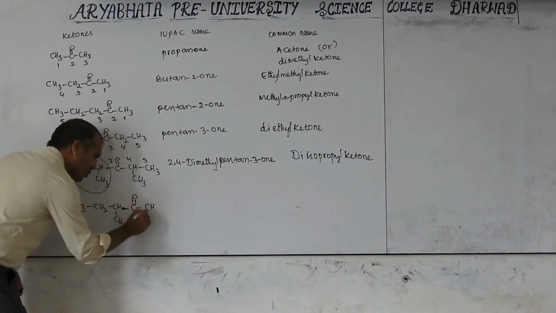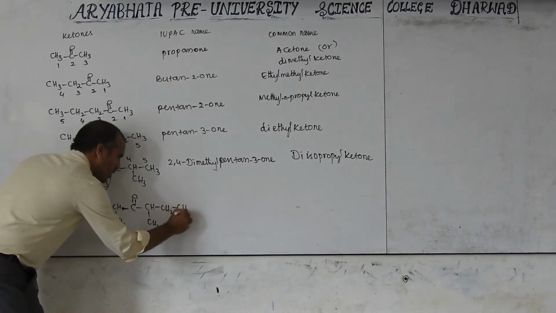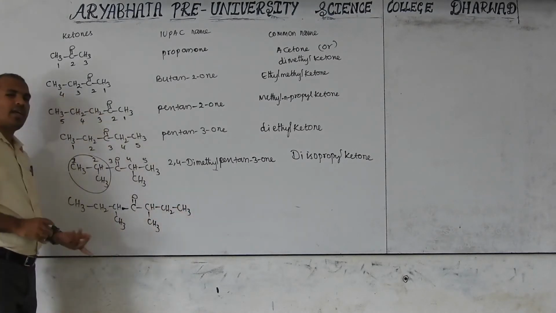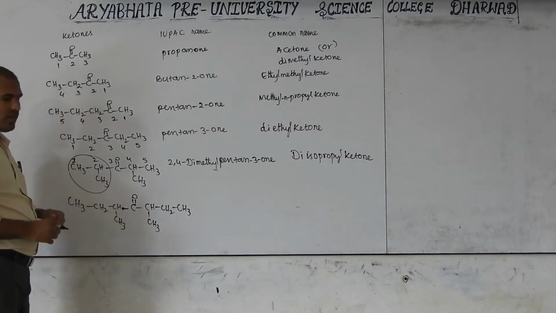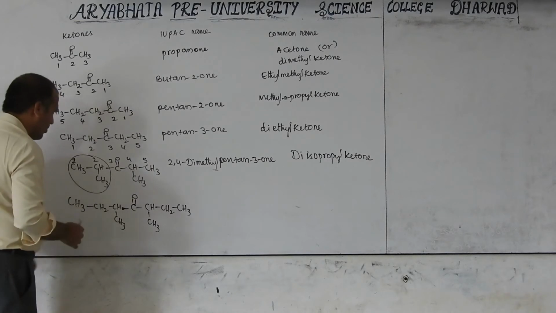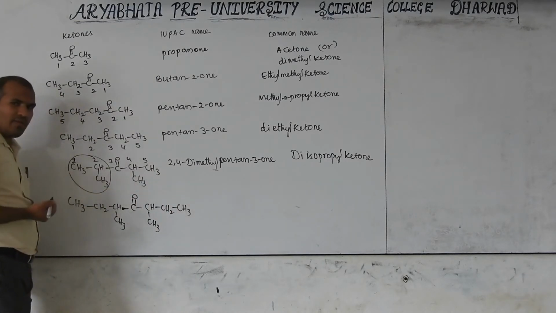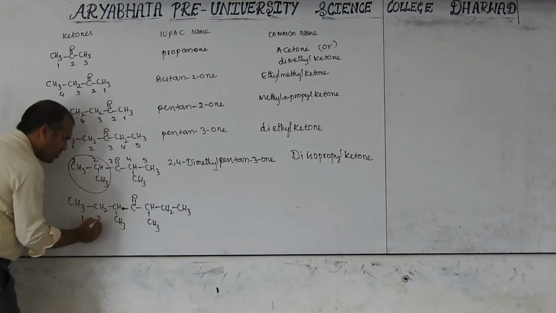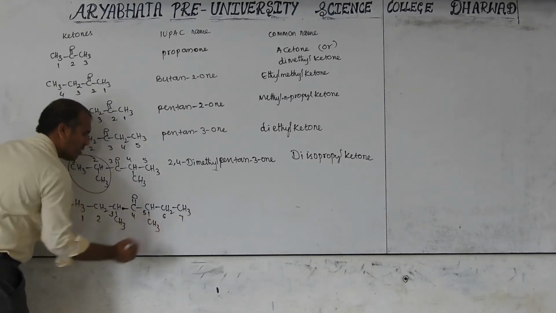Similarly here, the same group I am writing here: CH3, CH2, CH3. This is also secondary butyl. Both sides are there. Its name now: the same numbering will come left to right and right to left. Then 1, 2, 3, 4, 5, 6, 7.